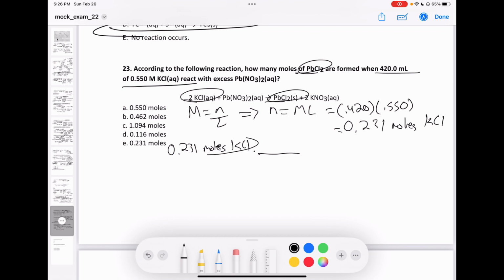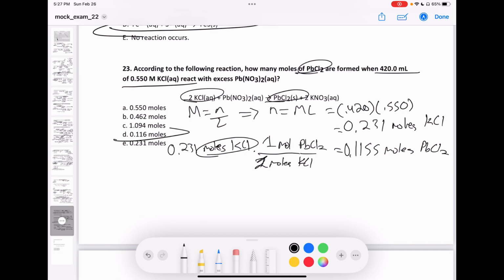We want to get rid of this, so we put this on the bottom. 2 moles of KCl react to produce 1 mole of PbCl2, which is just going to be half that, which is around 0.1155 moles PbCl2, and that is answer choice D.